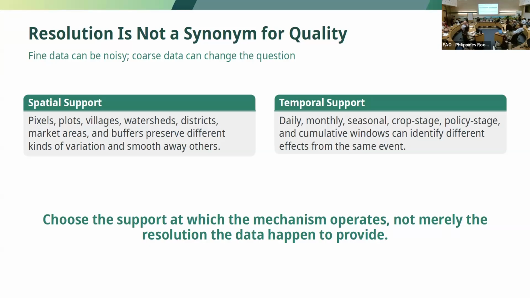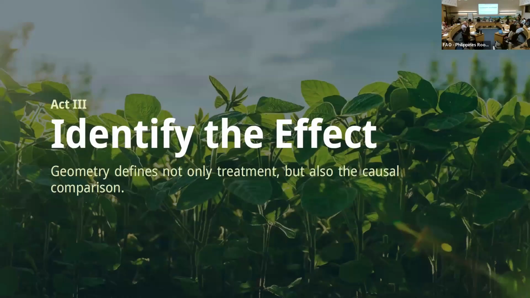I could downscale CHIRPS to be really finely gridded, but all I'm doing is making estimates that are probably less and less precise as I go to a smaller and smaller scale. Just because you have high resolution data, that data has been interpolated, and that will introduce errors that, as we've seen, will propagate throughout the process. So you want to choose the spatial support and the temporal support that matches your question.